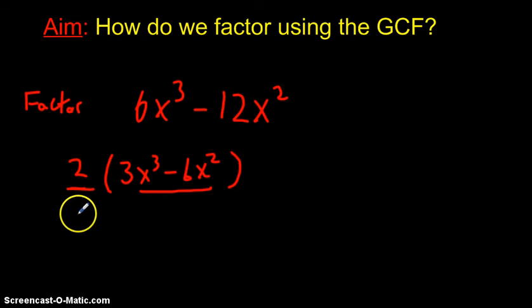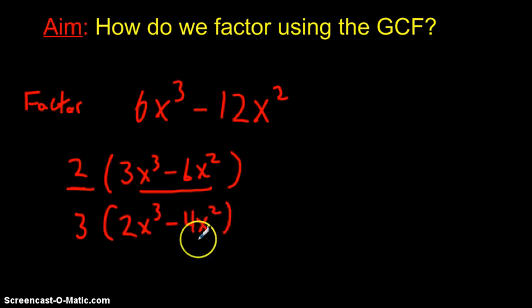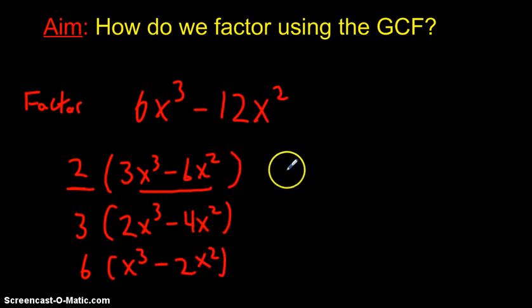Another one would be to factor out 3 instead, and that would leave us with 2x to the third minus 4x squared. Another factored form would be to factor out 6, and that would leave us here with x to the third minus 2x squared.